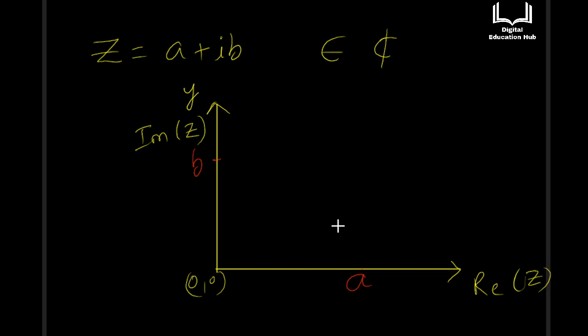So when I take this one, we can draw an imaginary line intersecting both of these, and that would give us this point.